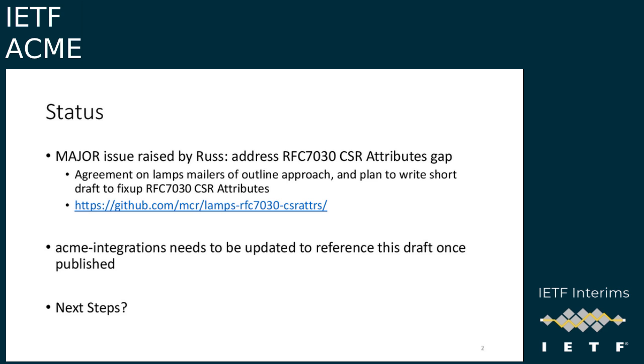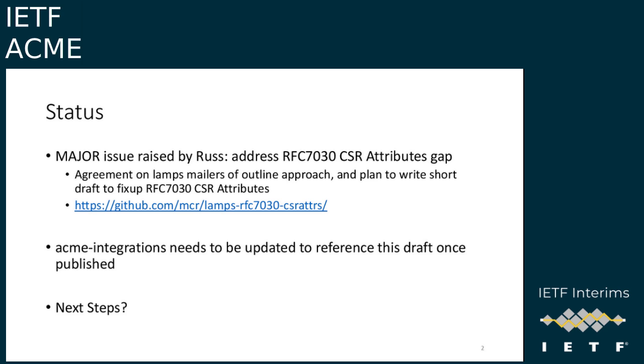There is a very drafty draft in GitHub at the moment on how to update CSR attribute handling in 7030. It will be published before IETF 112, but it's not there yet. So we will update the ACME integrations draft to reference this updated CSR attributes handling draft, and that should address the major feedback we had at the last one.